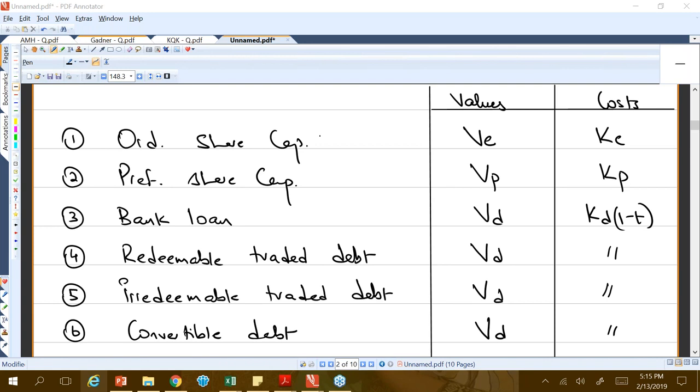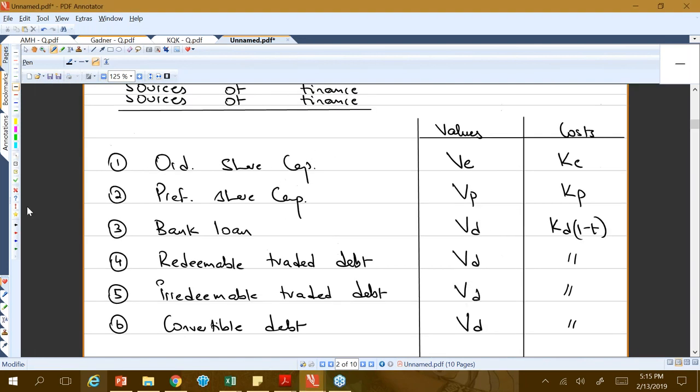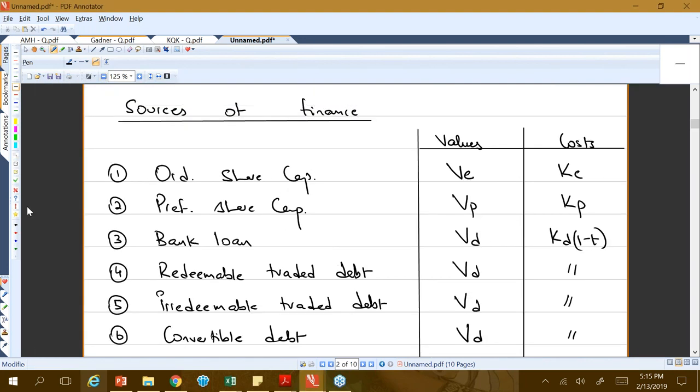So in the overall scheme of things, we need to be able to calculate all these. Now, would you have to calculate all 6 of these in the exam? Well, no, I've never seen that. The maximum the examining team has gone up to is 4.